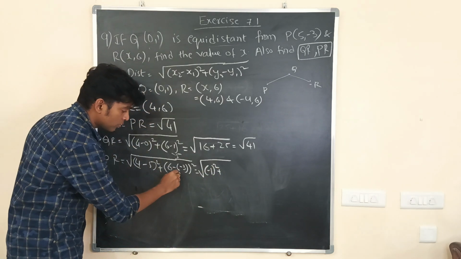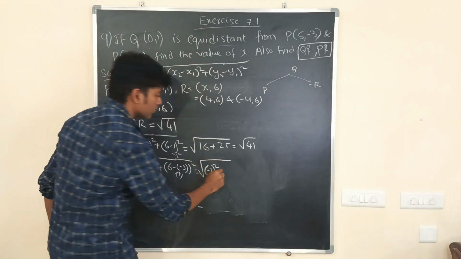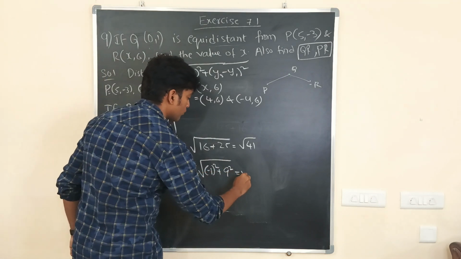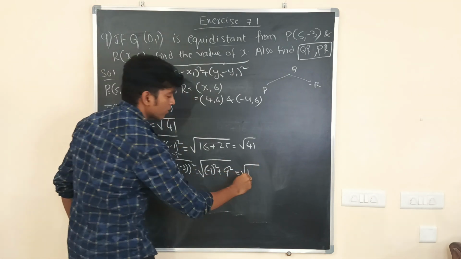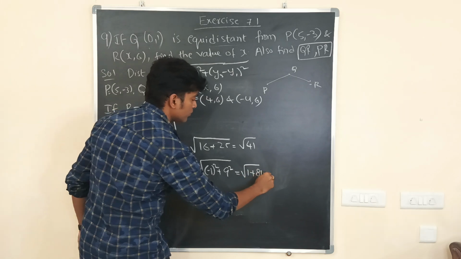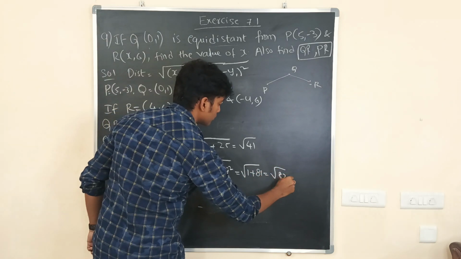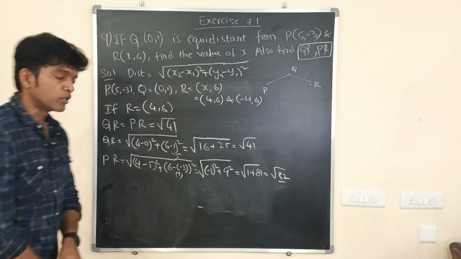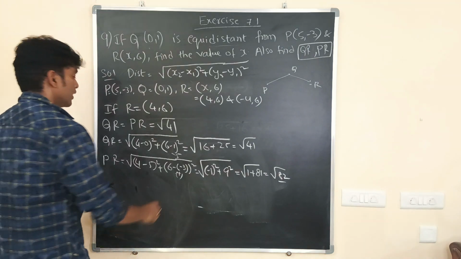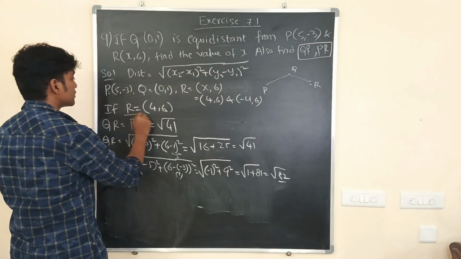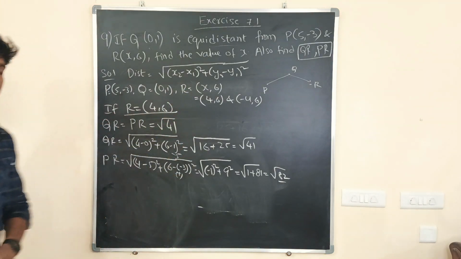So 6 plus 3 is 9 square, which is equal to 1 plus 81, which is root 82. This is when R is 4 comma 6.